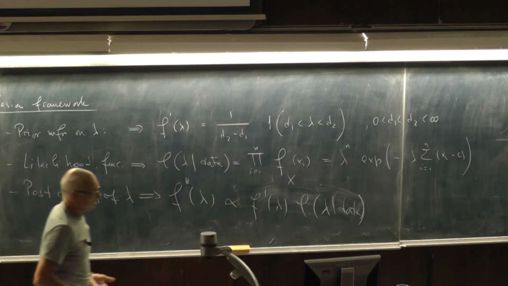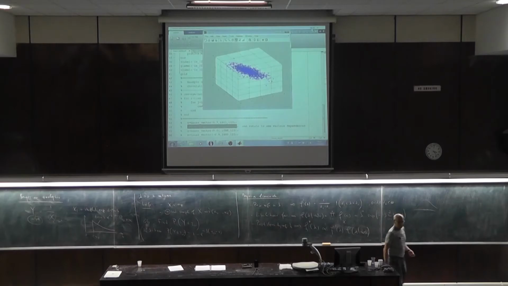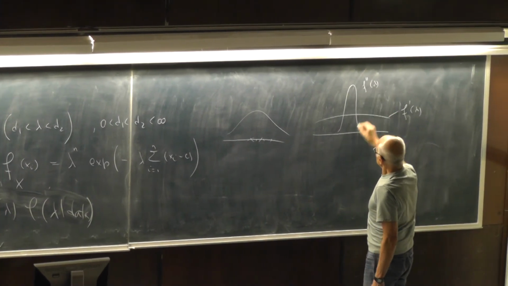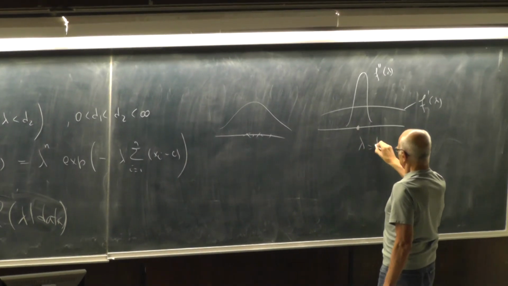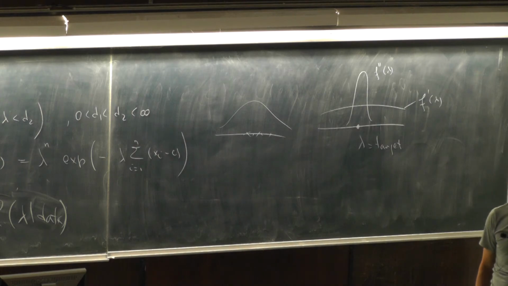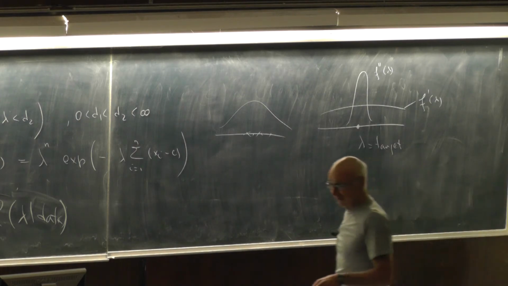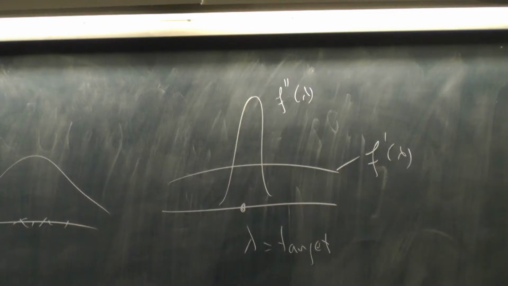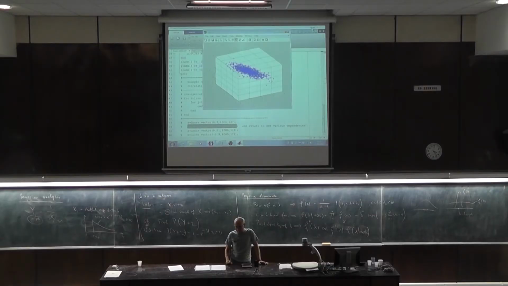Usually, if the model is right, the prior may look something like this, and the posterior may look something like this, centered on the target. It doesn't mean that this happens all the time. If the model is totally wrong, that will not happen. So this is the sequence we try to follow here.